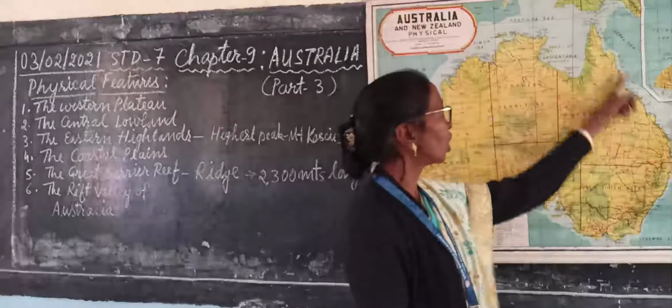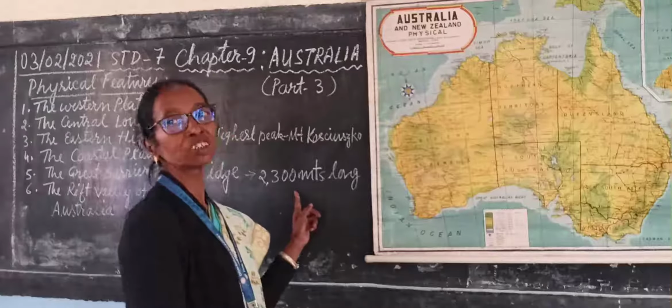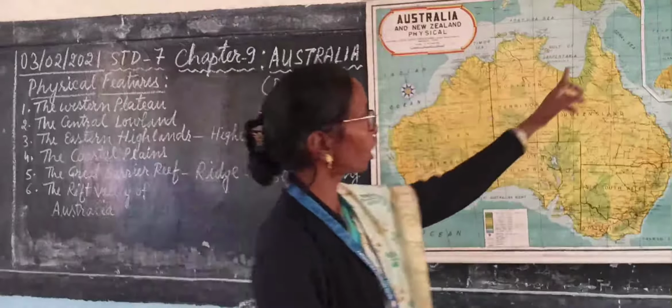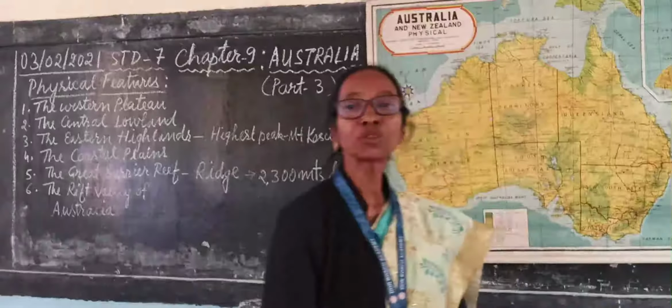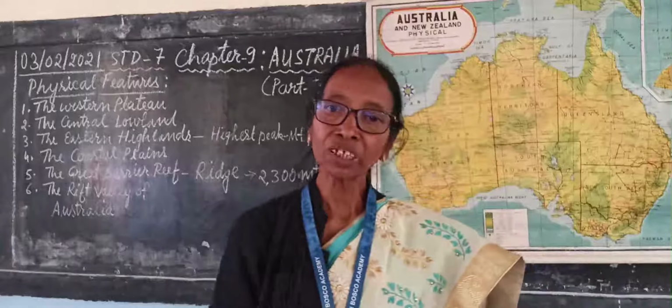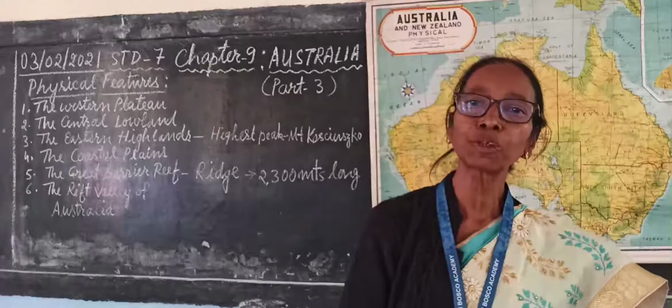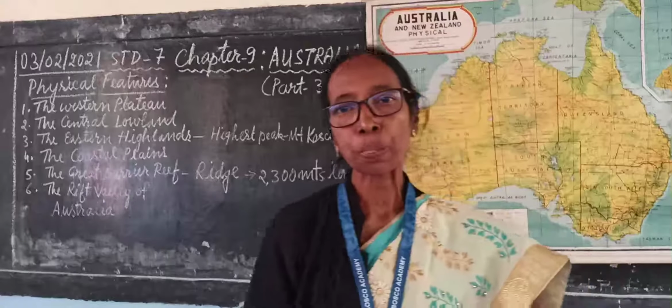So it is about 2300 meters long. And how is it formed? It is formed due to the corals. What are the corals? Corals are very tiny sea animals or sea organisms.